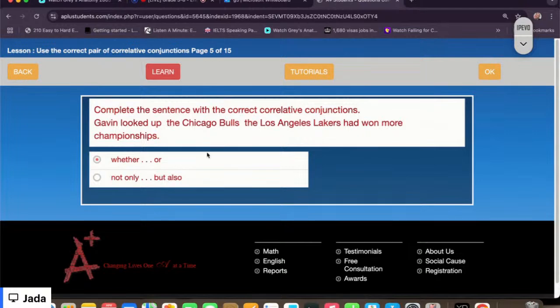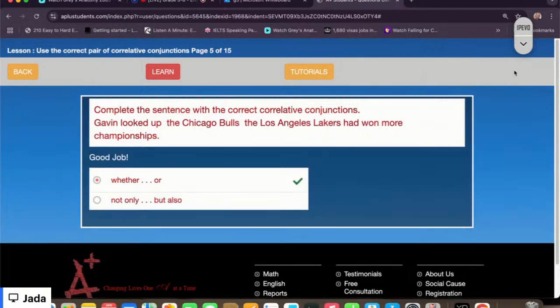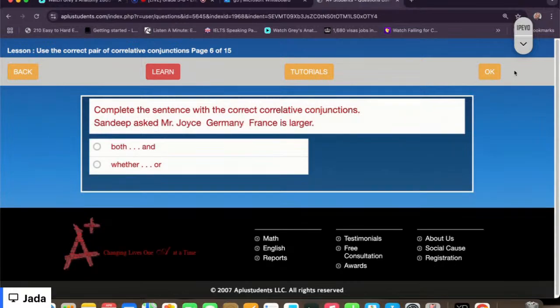So whether, okay. Sandeep asks Mr. Joyce whether Germany or France is larger.